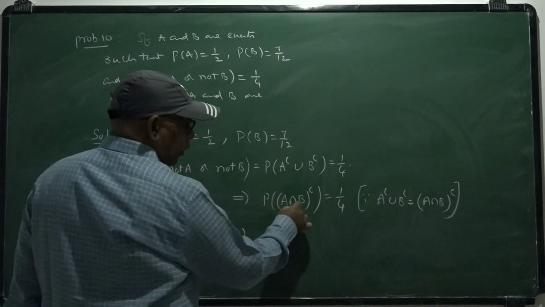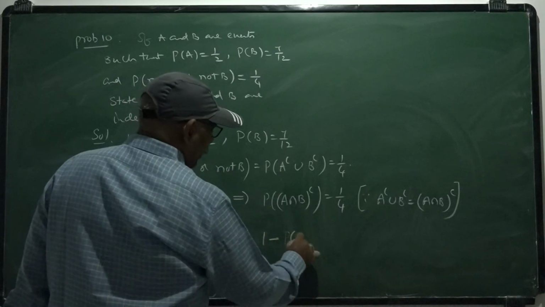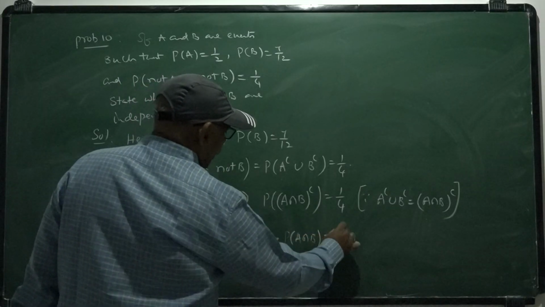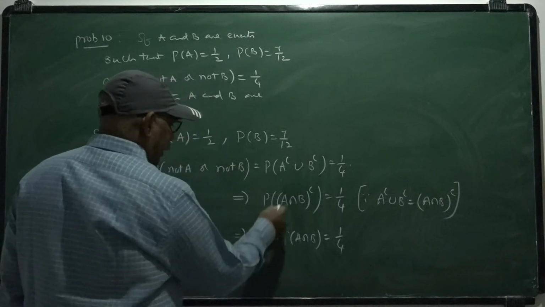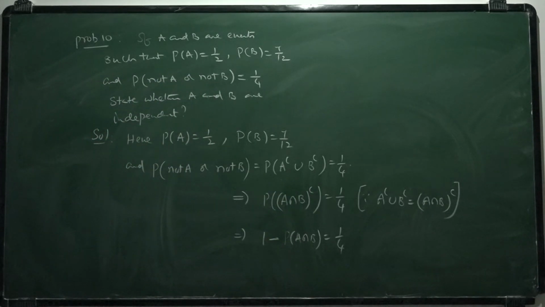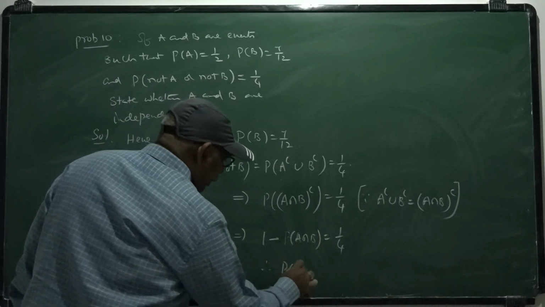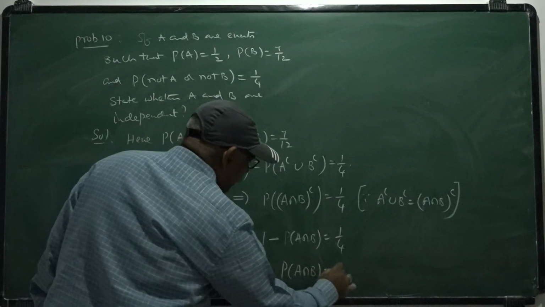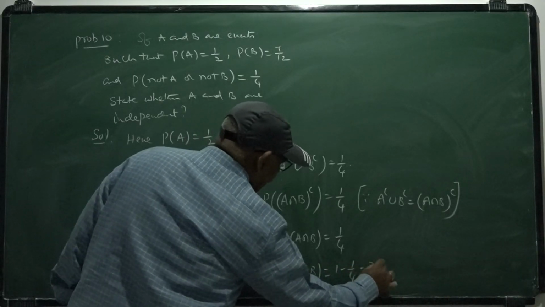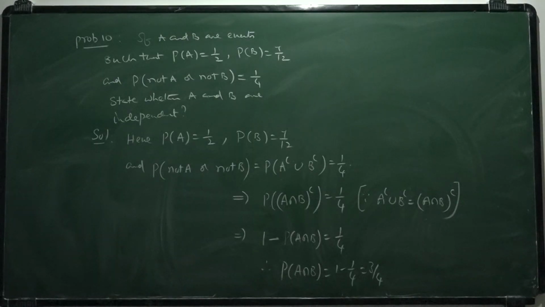This is 1 minus probability of A intersection B is 1 by 4, by definition of the probability of non-happening of A intersection B. So probability of A intersection B is here 1 minus 1 by 4, that is 3 by 4. Probability of happening of both A and B is 3 by 4.